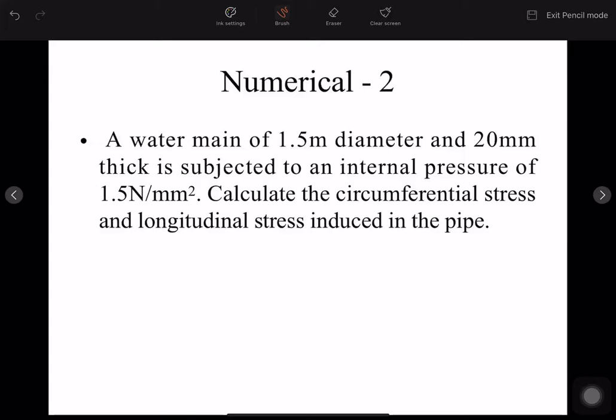So if you observe the previous question and this question, it is of similar category. I have just made the same type of problem so that you'll get used to it very easily.